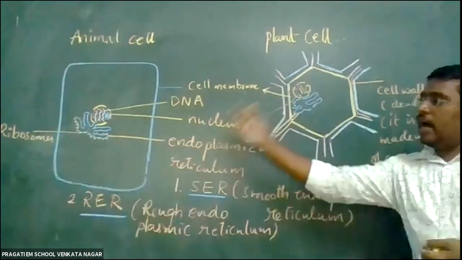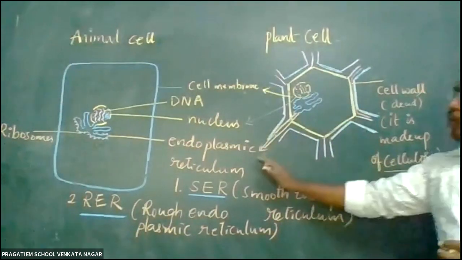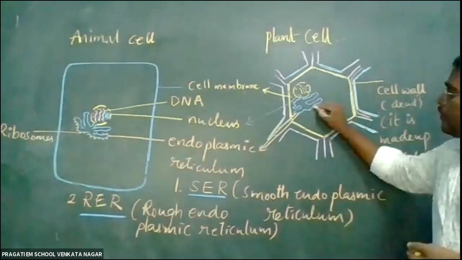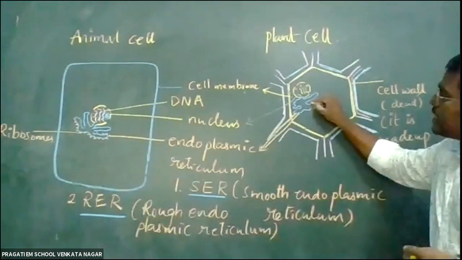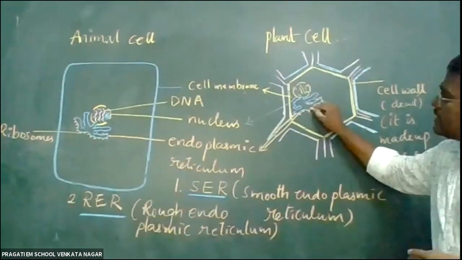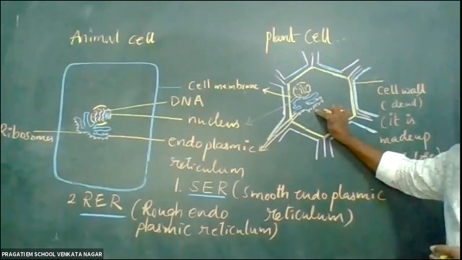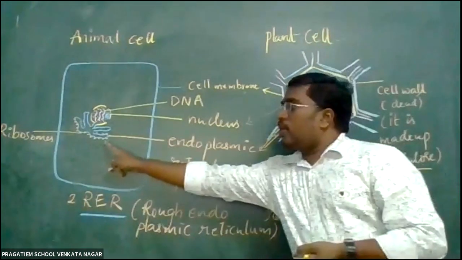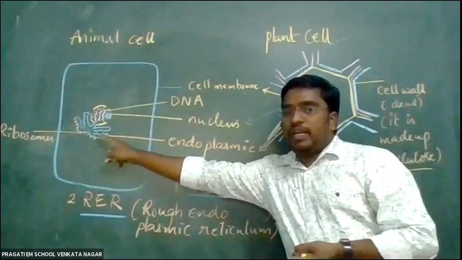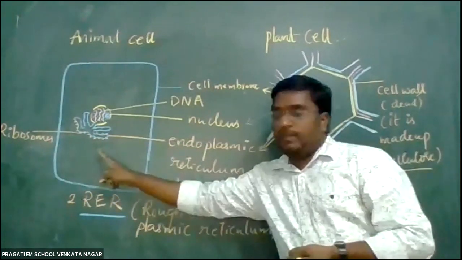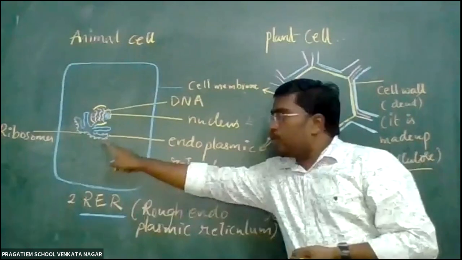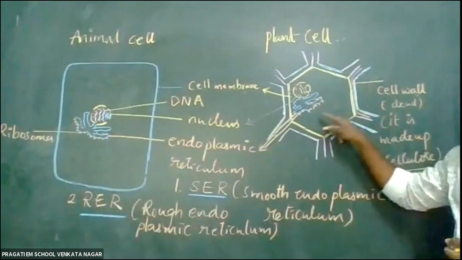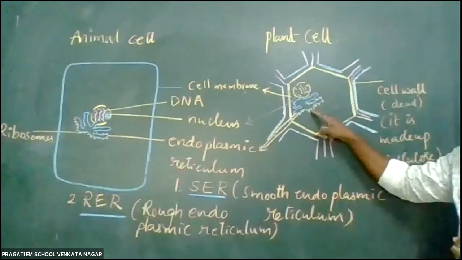In the animal cell and plant cell, the endoplasmic reticulums are divided into two categories. Half portion of the endoplasmic reticulum contains some attached ribosomes. Look at here, children. These are the ribosomes. In the same way, in plant cell also, ribosomes are attached here.